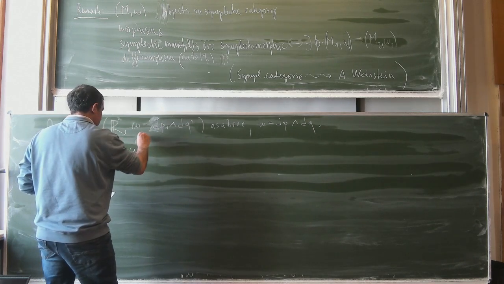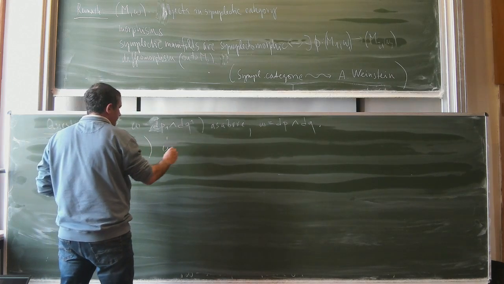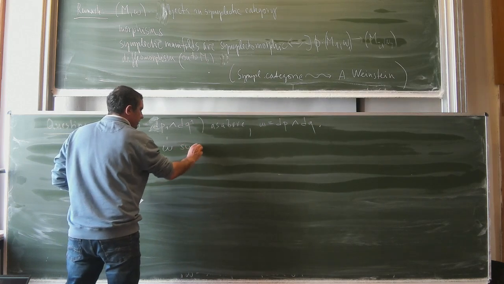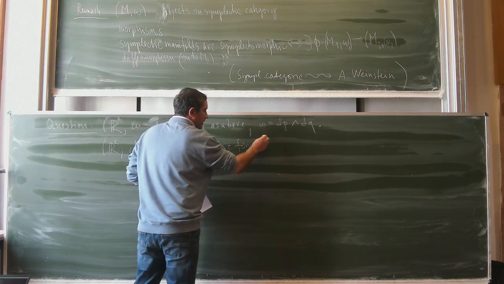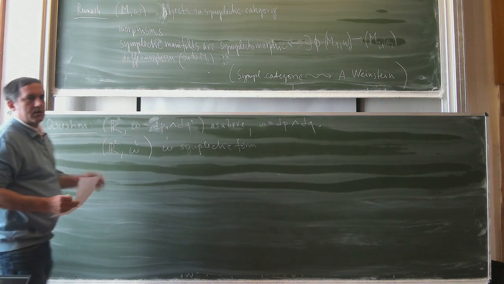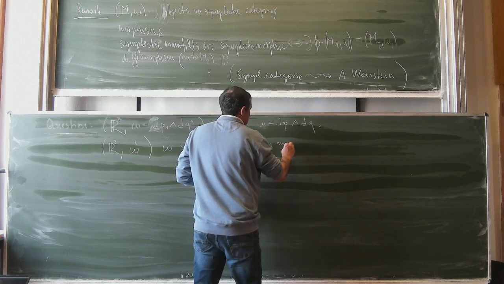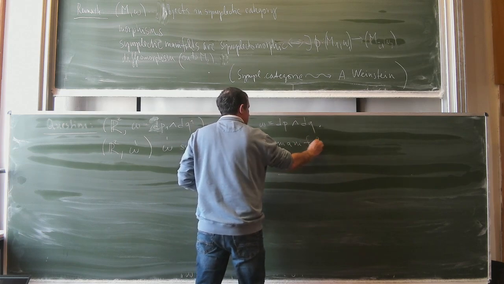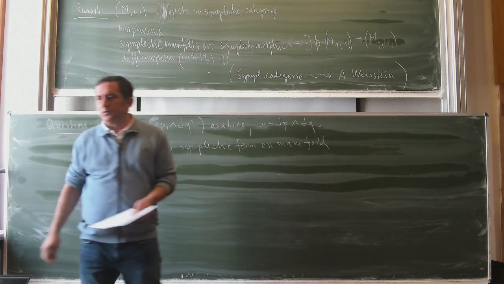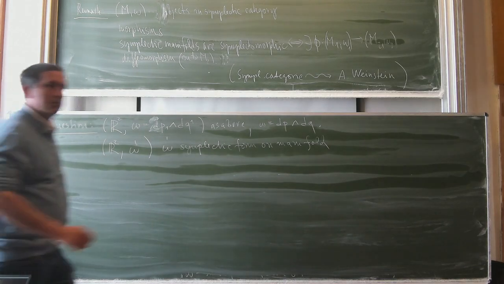R^2 equipped with omega prime symplectic form, as a symplectic manifold, on manifold R^2 and R^2.